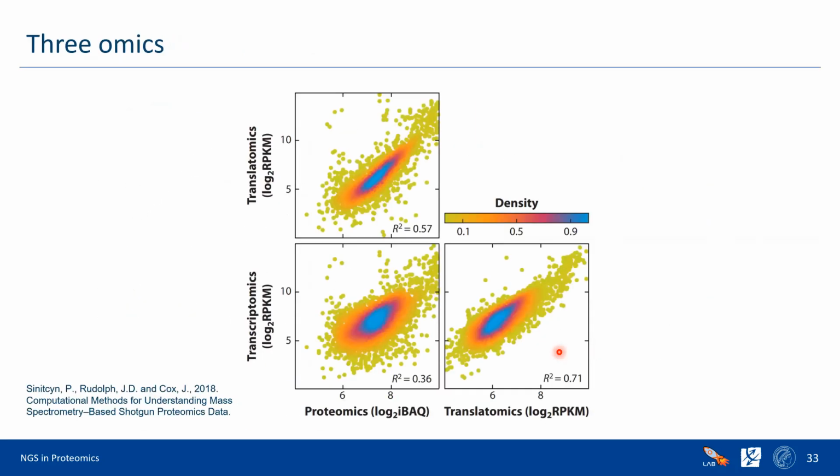Cool. Okay, but how can you use that? Let me describe just a few stories. As we come from the proteomics world, we can compare our results back to back.